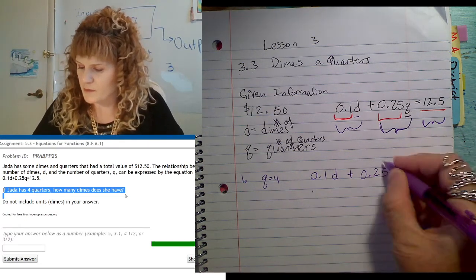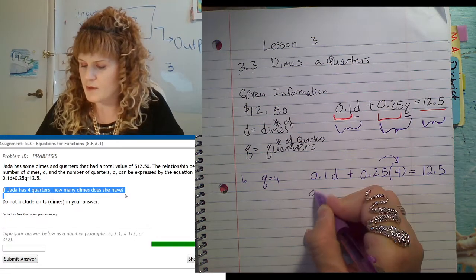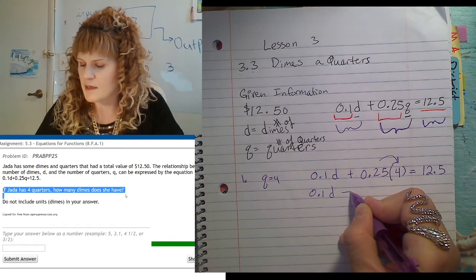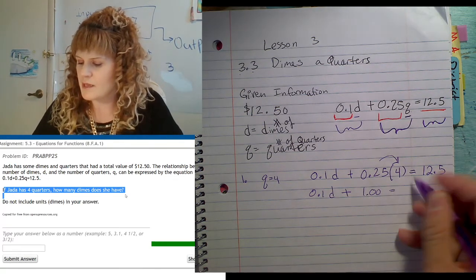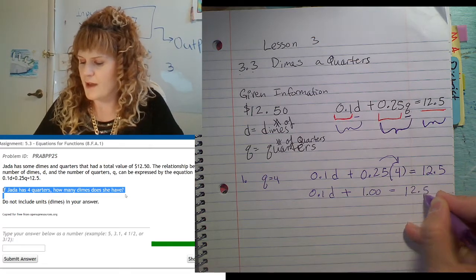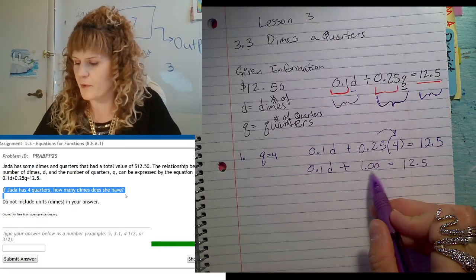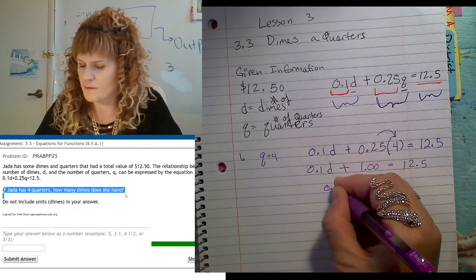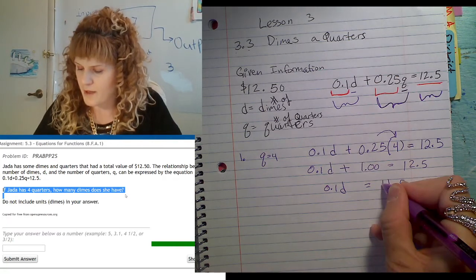Here's what we have to do. Eliminate parentheses, so multiply, and you get 0.1D plus 1.00 equals 12.5. Then you subtract 1 from both sides. You get 0.1D equals 11.5.